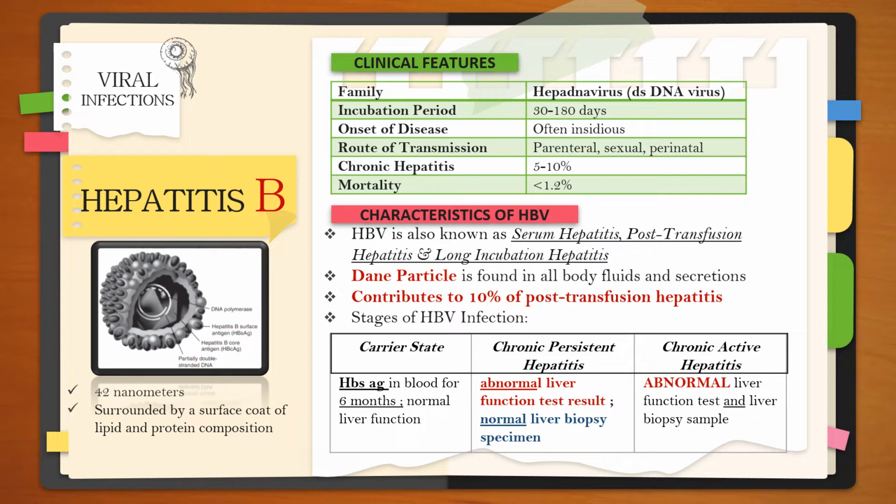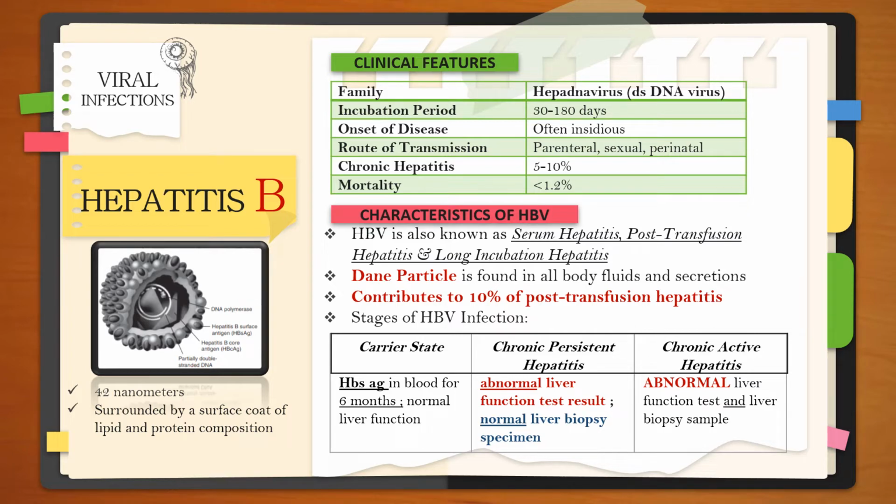Okay, class, tabulated here are the simplified descriptive pointers we have to take note of and remember about the three stages of hepatitis B infection: the carrier state, chronic persistent hepatitis, and chronic active hepatitis.